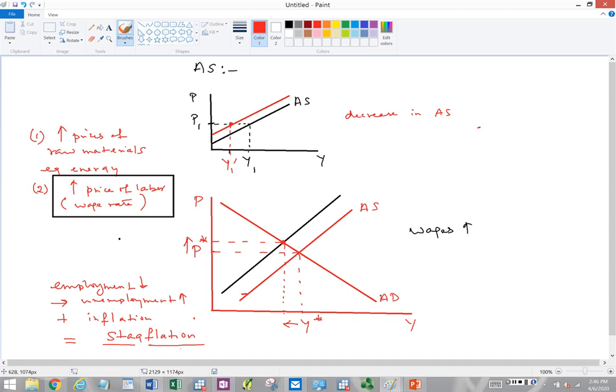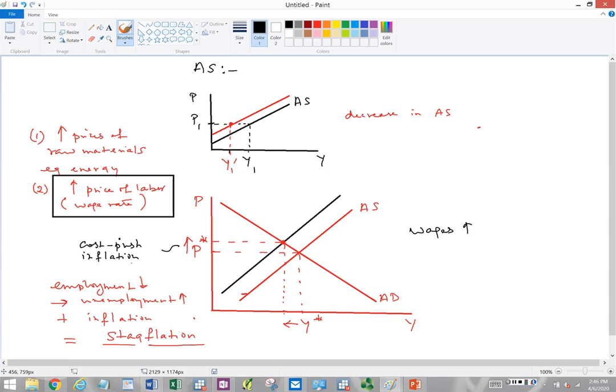Right. Now this kind of inflation, by the way, is called cost push inflation. This is inflation caused by a leftward shift of aggregate supply, a decrease in aggregate supply. Of course, the price level could also go up by a rightward shift in the aggregate demand curve. Now, if there's inflation caused by an increase in demand, that's called demand pull inflation. But here we have cost push inflation, right?